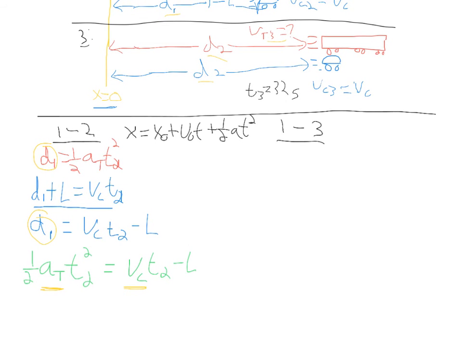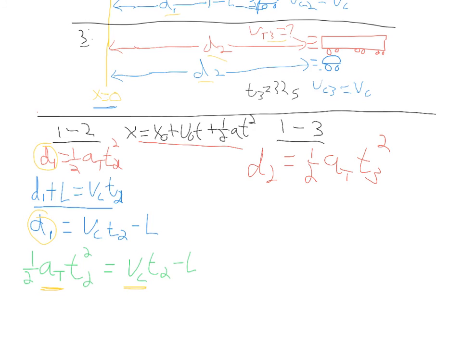If we notice, in both cases for the train and the car, they've covered a distance equal to d2. So we can say for the train, d2, going with our same equation, its initial position and velocity are both 0, so it's just 1/2 the acceleration of the train multiplied by t3, the time at the end, squared.